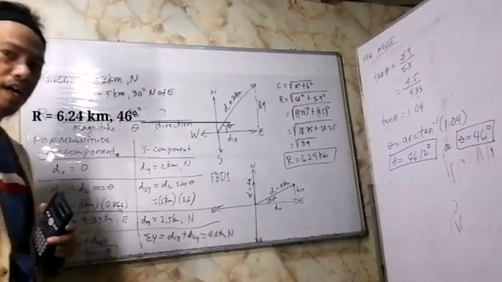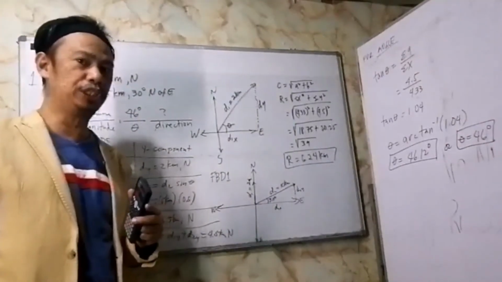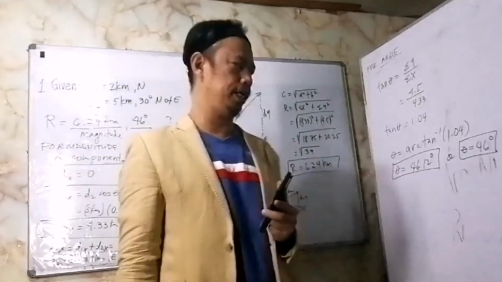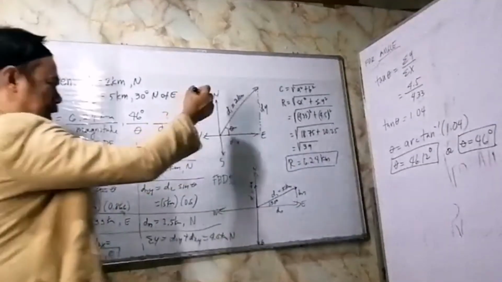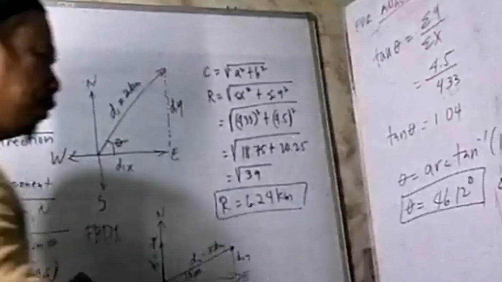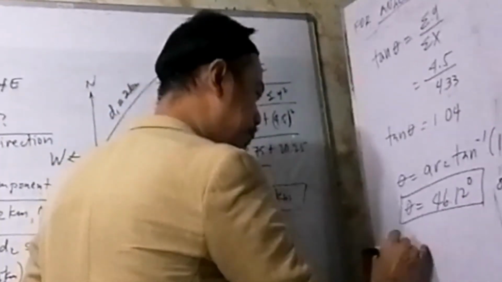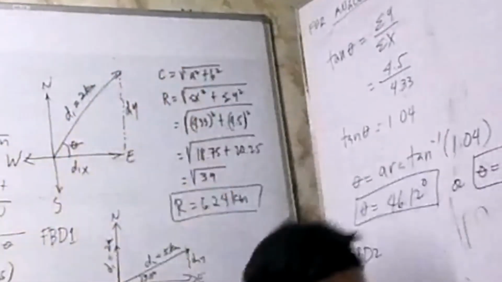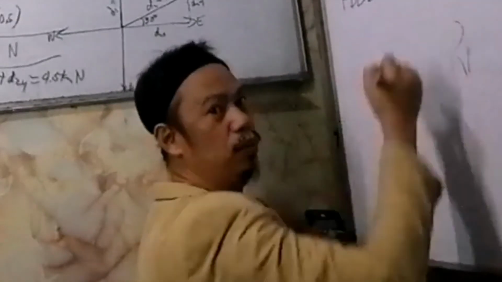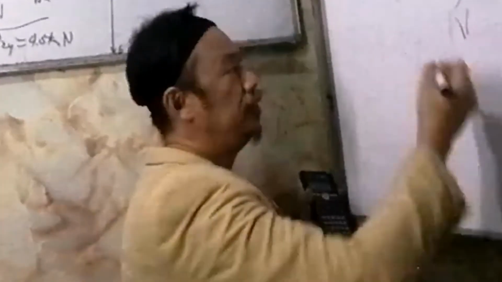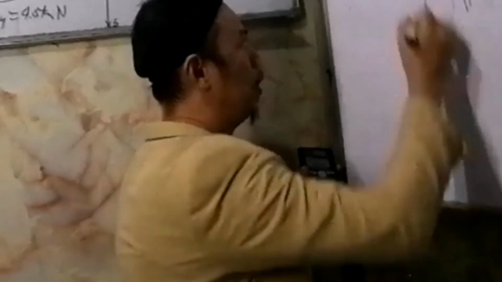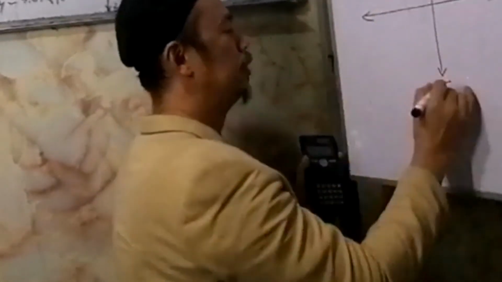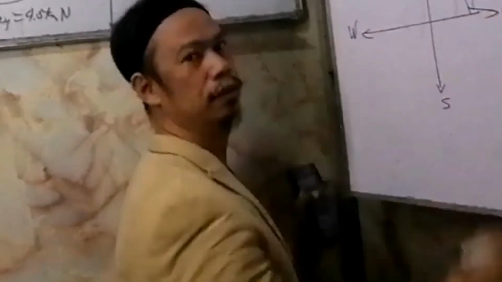So, how do we get the angle or the direction? Of course, we have to use the summation of x and summation of y. So, this is our free body diagram 1. Then, we have to write FBD2. So, if we have FBD2, I will lie down here so that you can see what's happening on the direction. So, you have to create your Cartesian plane. So, we have the north, south, west, east.